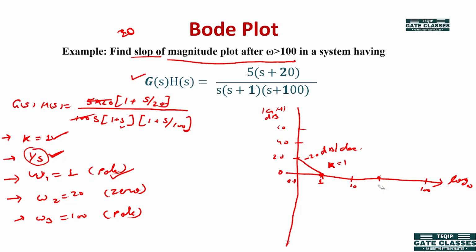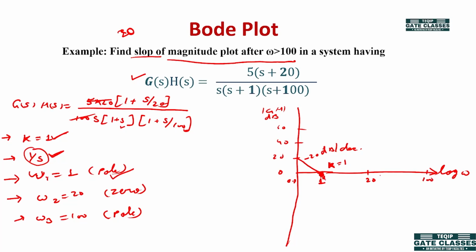We don't need 10, so let's say this is 20 only. This is 0.1, say this is 20 and this is 100.